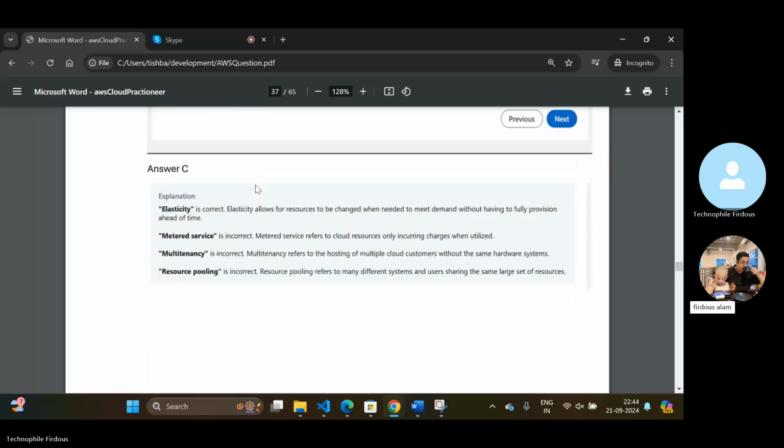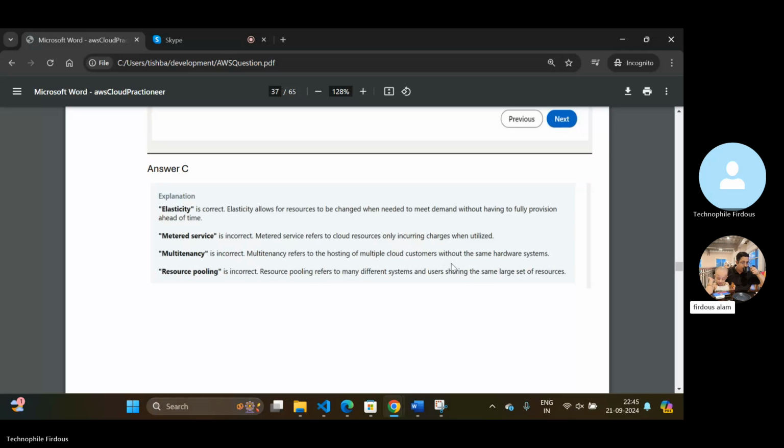You can see the other options. I would suggest you read the other options because by reading them, you will get more answers. Instead of only one answer from this question, you can get four different answers. If a question comes regarding metered service, then through this explanation you will be able to identify that this is regarding metered service or multi-tenancy.